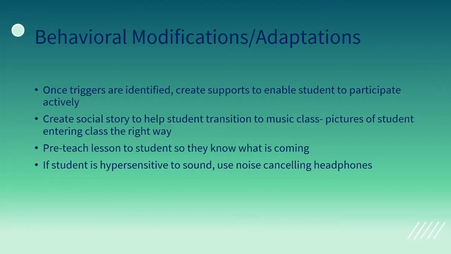Create a social story to help the student transition to the music class. So this could be like a card of pictures that you give to a student when they enter, showing a picture of them entering the class the way you deem is right. And then you could use this for doing the right thing, having a picture of them doing the right thing during class time, anything.